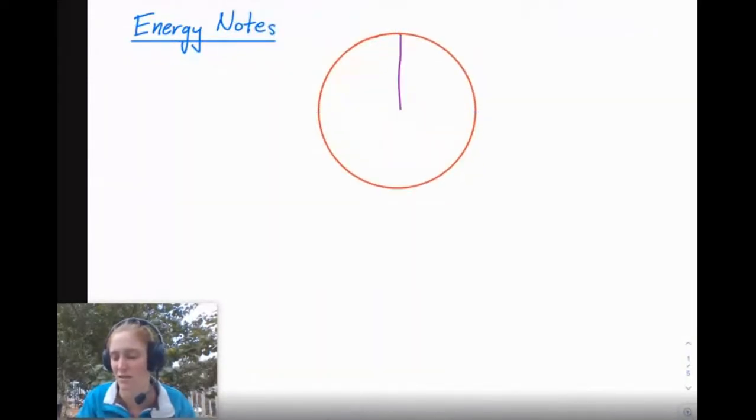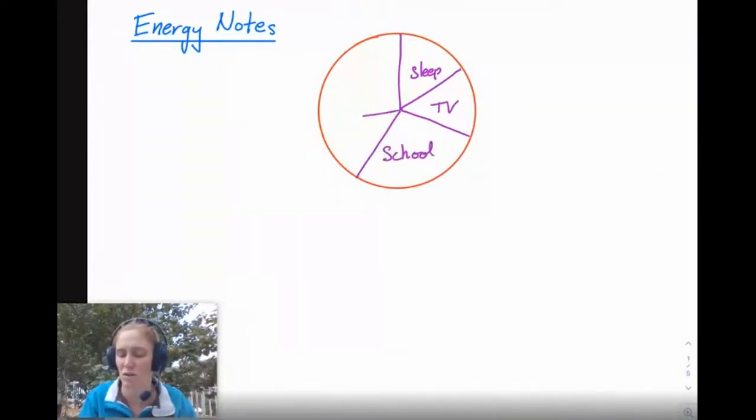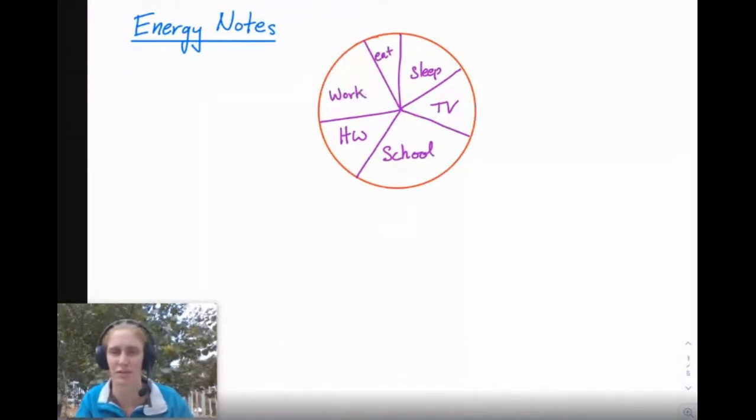They watch TV. There's usually a big chunk of school, maybe some homework, and then maybe they eat, and maybe they also go to work. Okay, so this might be a typical day for a given student.